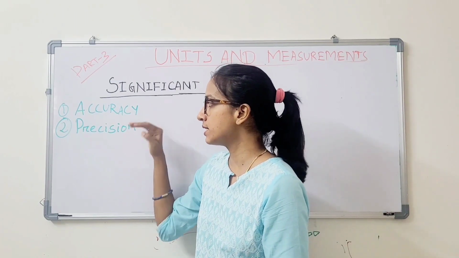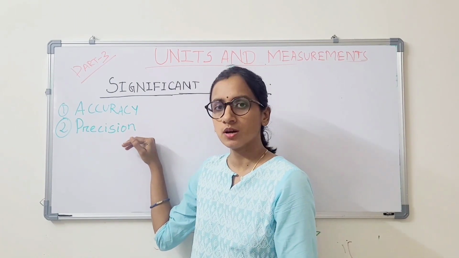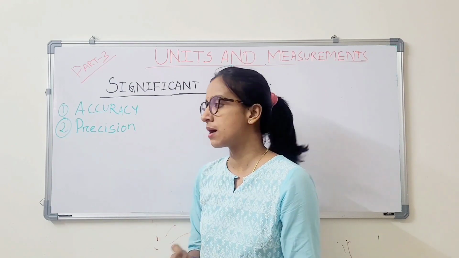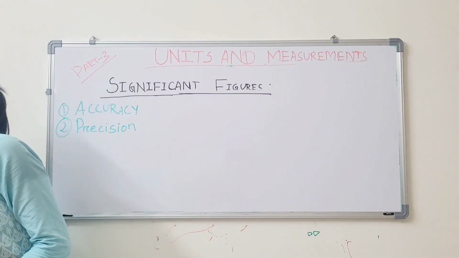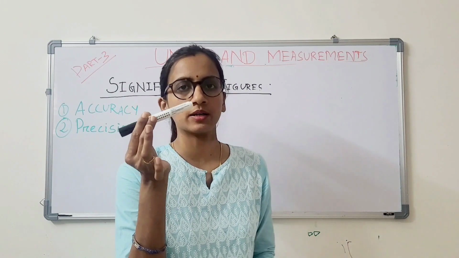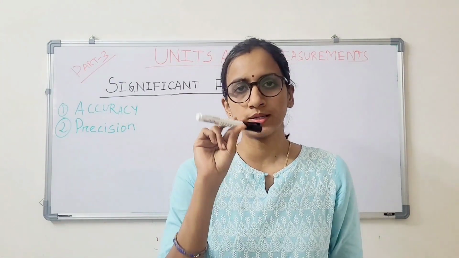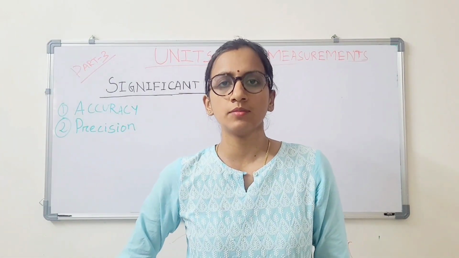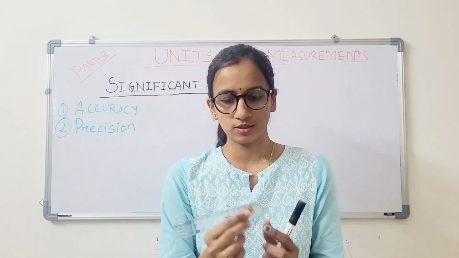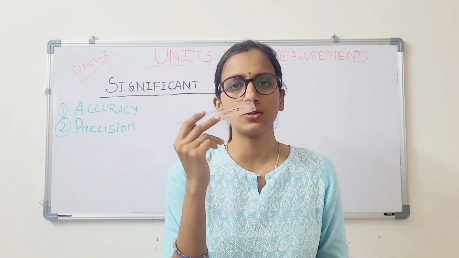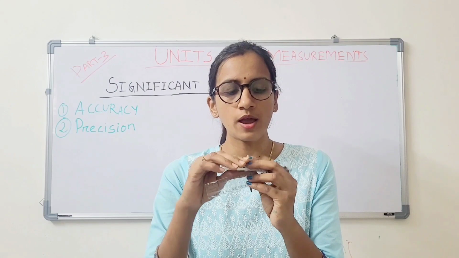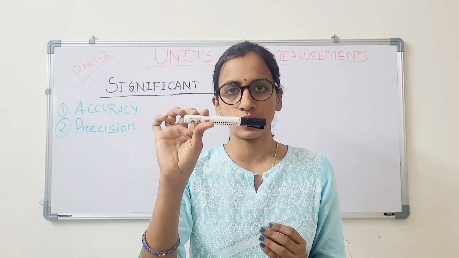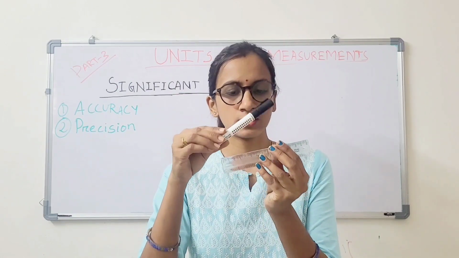What accuracy is and what precision is, we will learn from this example. Suppose I have this marker and I have to measure its length, and I am given a scale, which you know, the one in your geometry box. So I have to measure the length of this marker with this scale.